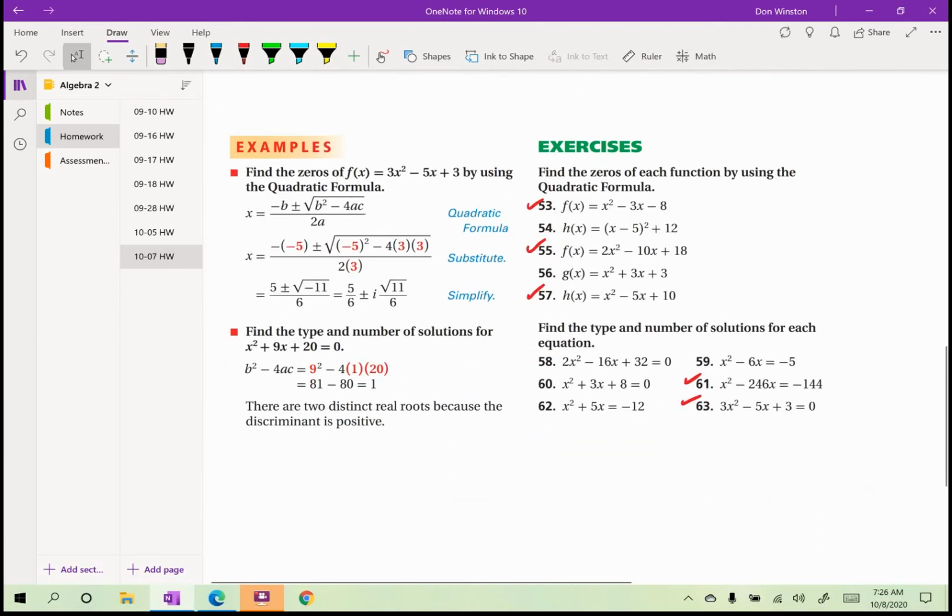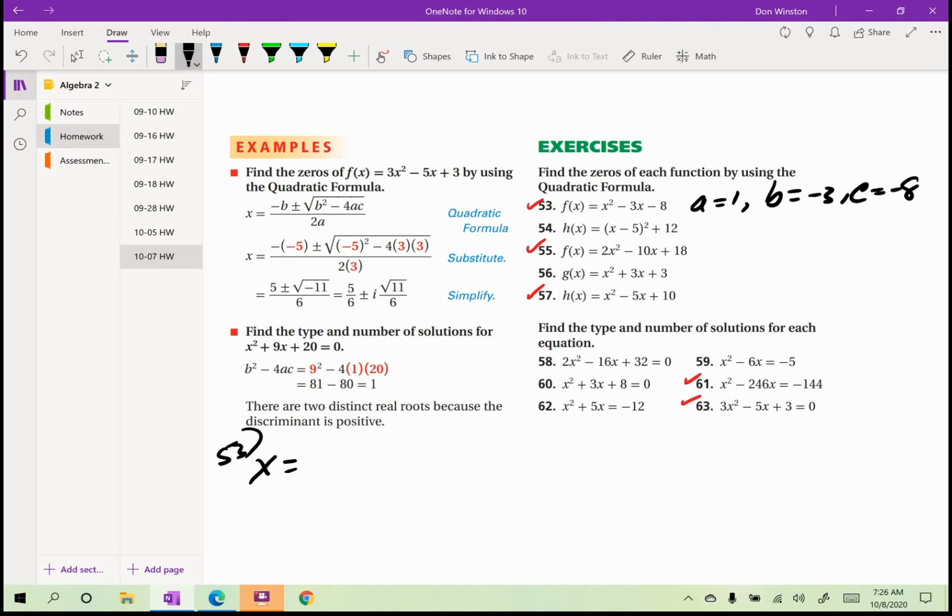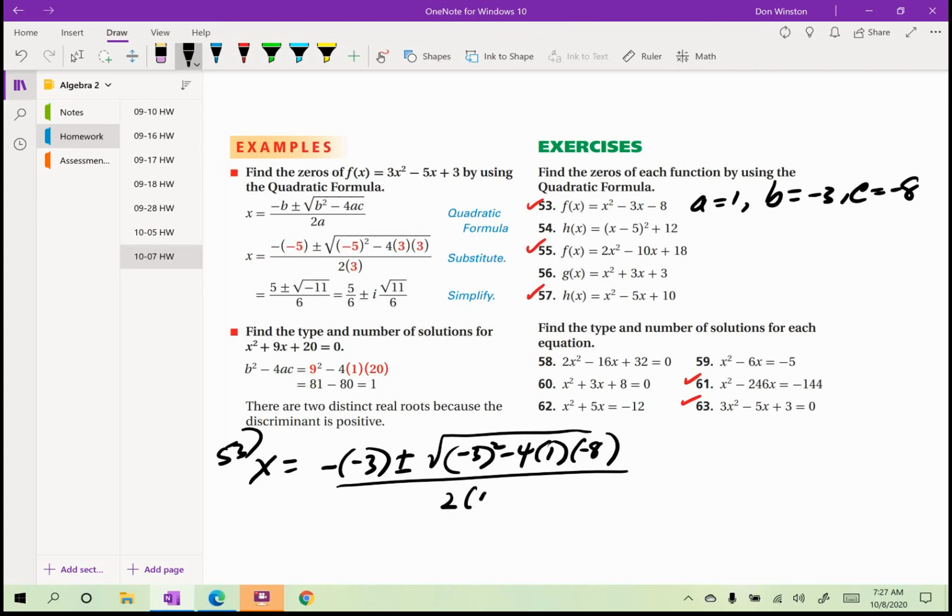So I gave you problems to use the quadratic formula. So 53, always define what a, b, and c are. So a is equal to 1, b is equal to negative 3, and c is equal to negative 8. So x will equal, this is for 53, negative b, so 3, plus or minus the square root of negative 3 squared minus 4 times a times c, all over 2 times a, which is 1.